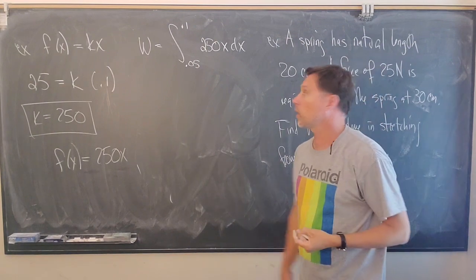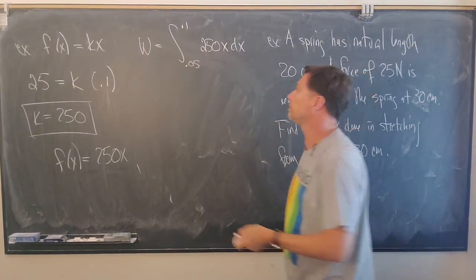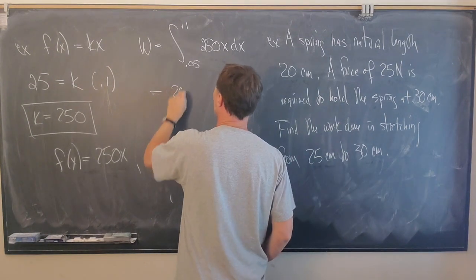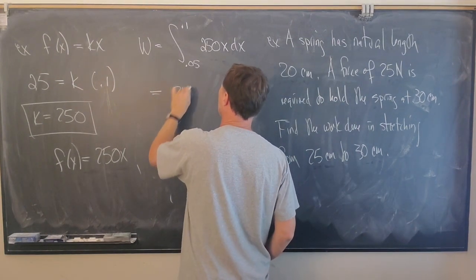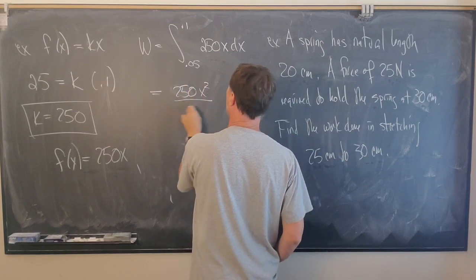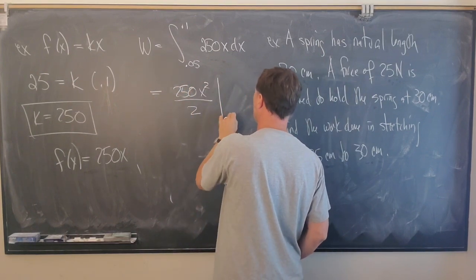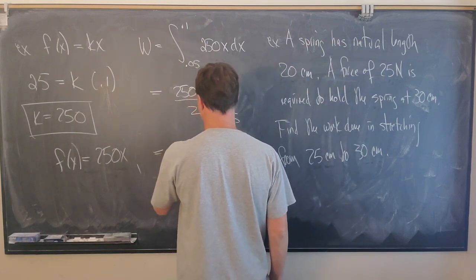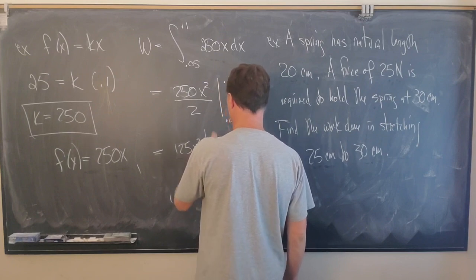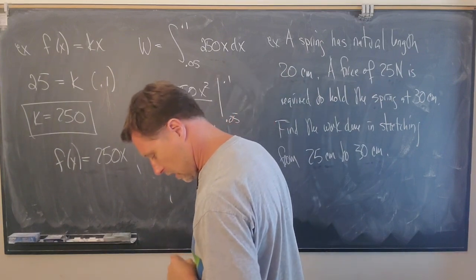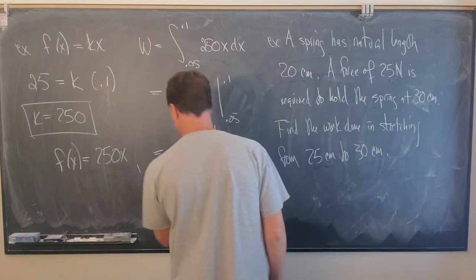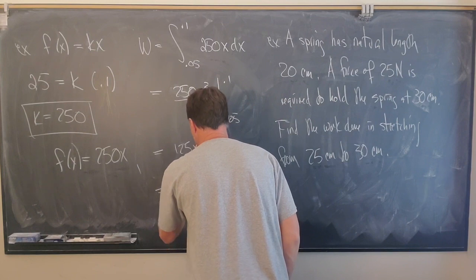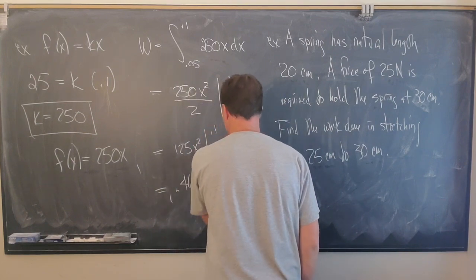If you want to compute work, integrate the force function. That's equal to 250 x squared over 2, where we go from 0.05 to 0.1. That is 125 x squared, go from 0.05 to 0.1. And I worked this one out, so it actually comes out to be 0.46875 joules.